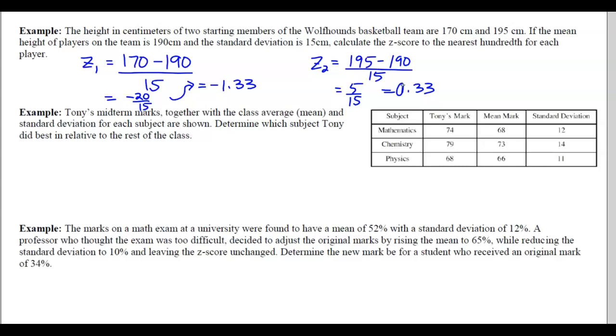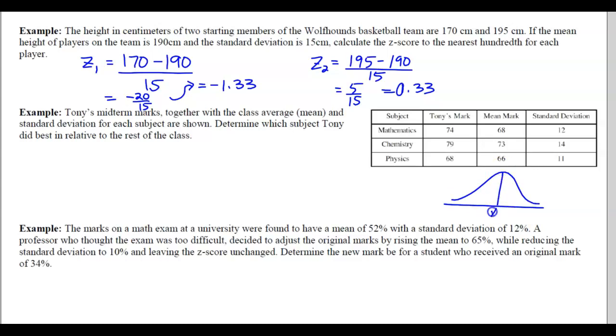But if you wanted to compare to the rest of the class, you would then want to take into account what the mean was and the standard deviation, how those data values, those marks were spread out in that class. So you basically want to compare the Z-score. Okay, so if you have a standard normal distribution, there's your mean.